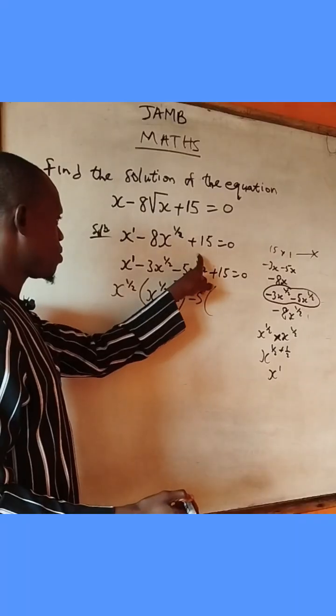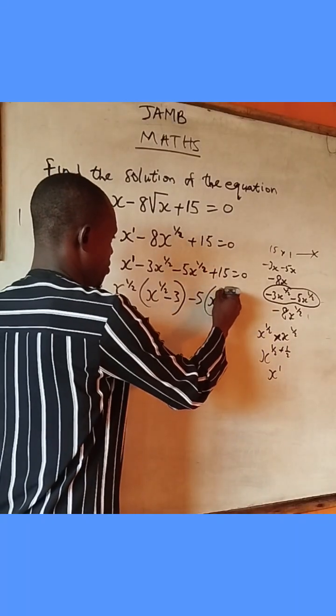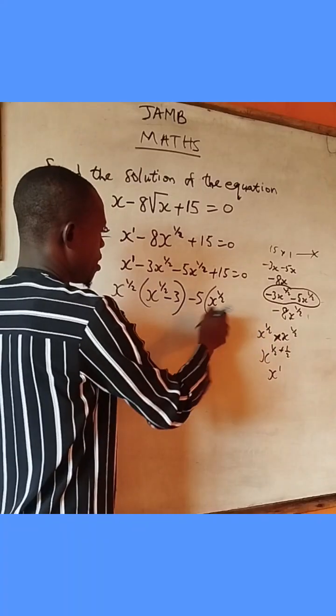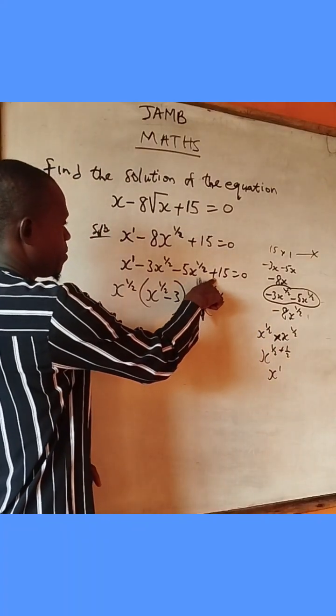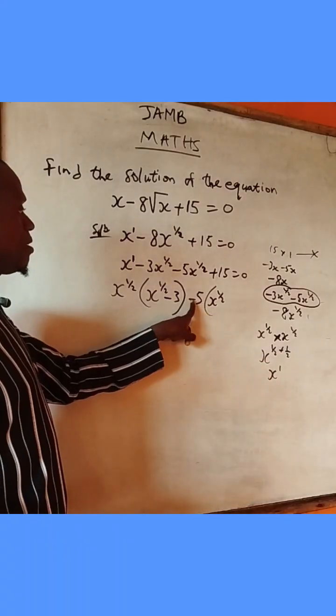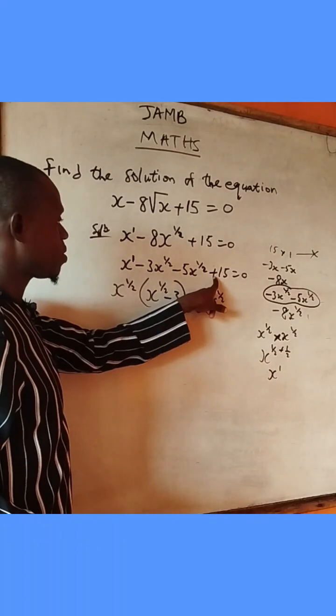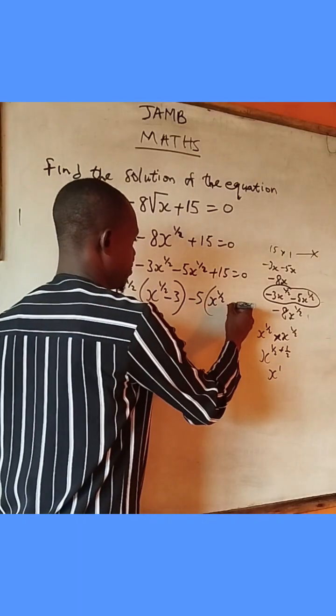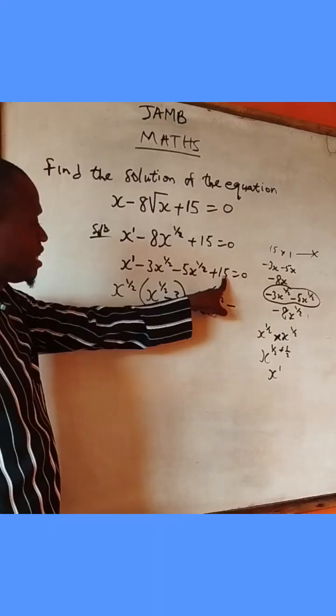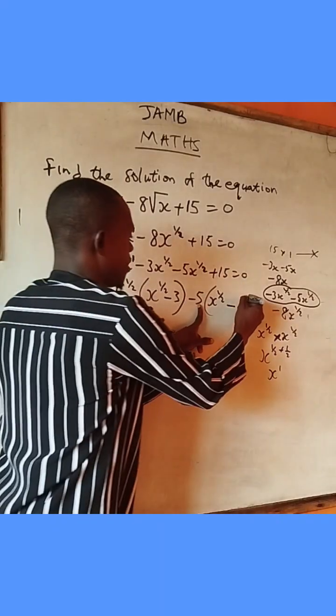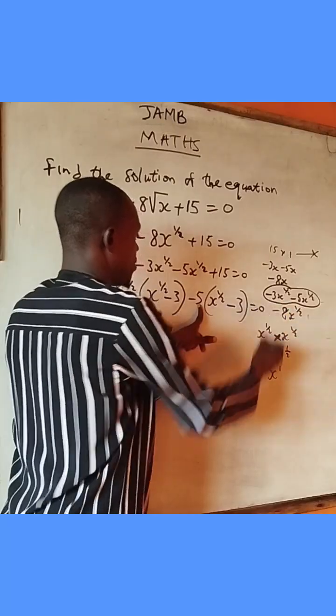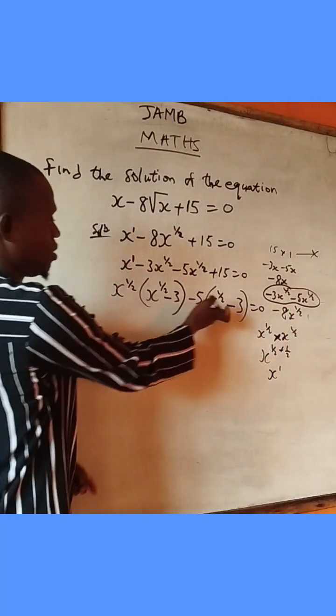This x raised by 1 over 2, you put in the bracket x raised by 1 over 2. So this minus multiplied by this, plus multiplied by this minus, it will be minus. So minus 15, divided by 5 is 3, is equal to 0. So as you can see, this one is equal to this.